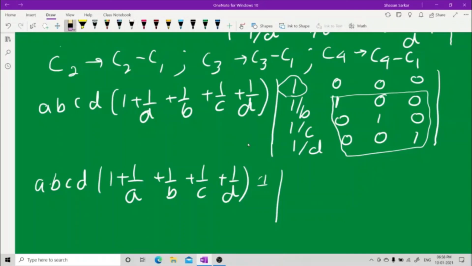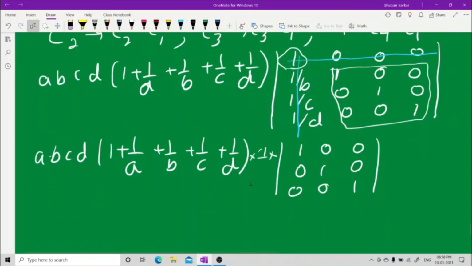I'm expanding with respect to first row and first column. So I will have this one: 1 0 0, 0 1 0, 0 0 1, and this is nothing but an identity matrix. The determinant of an identity matrix is 1.